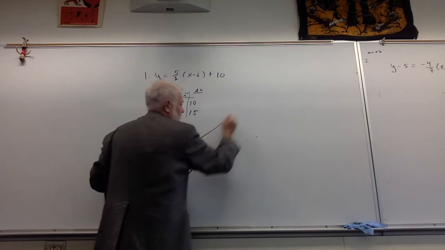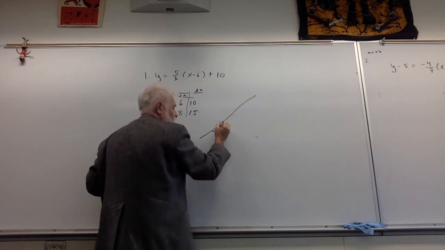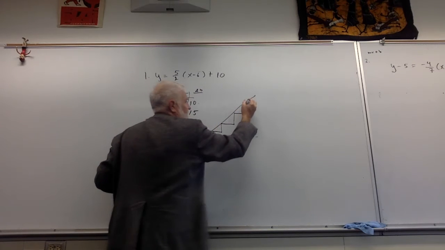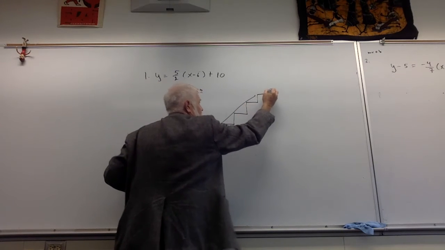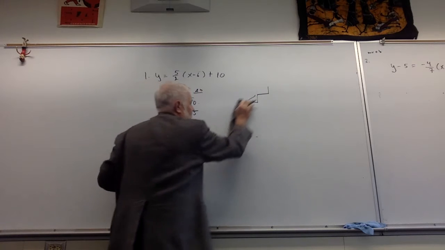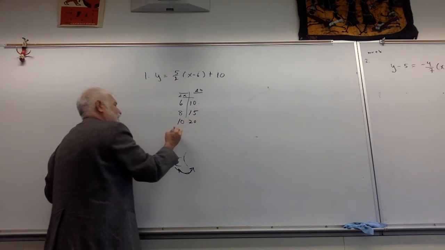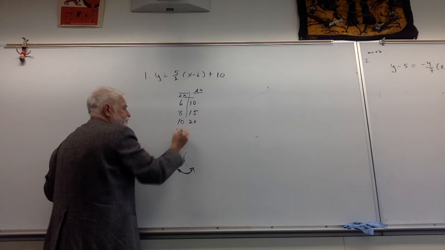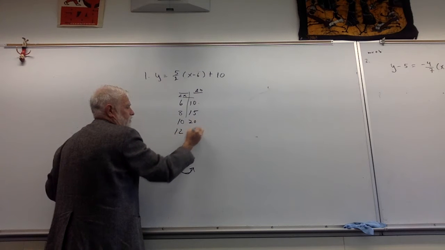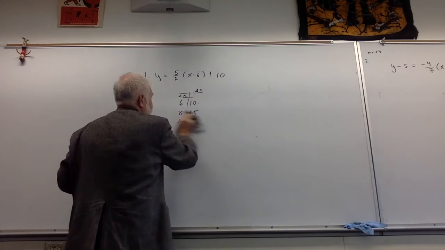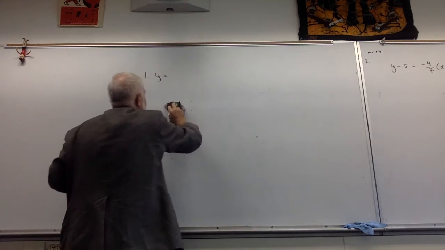Linear functions: rise over run. Change in x, change in y. It's constant. If it's constant, then we should be able to do this ad infinitum, forever. All right. So now you try another one.